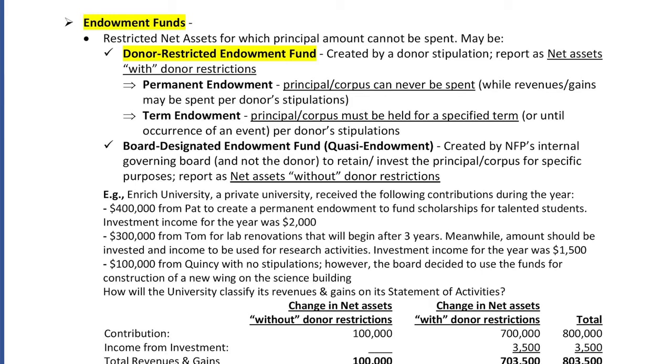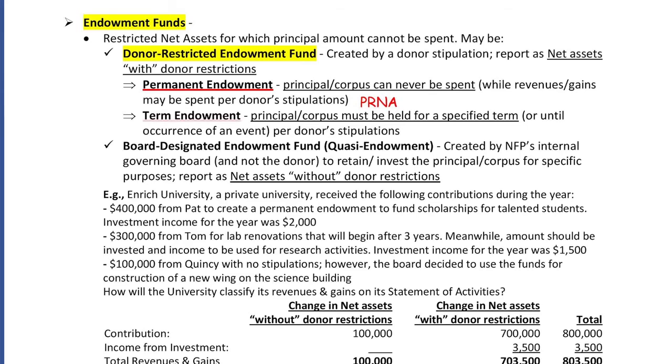The donor restricted endowment fund may be, underline, a permanent endowment where the principal or corpus can never be spent, while the revenues or gains may be spent per donor's stipulations. These permanent endowments are permanently restricted. So write PRNA.